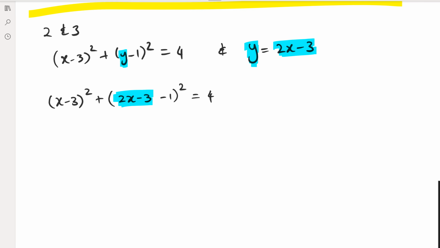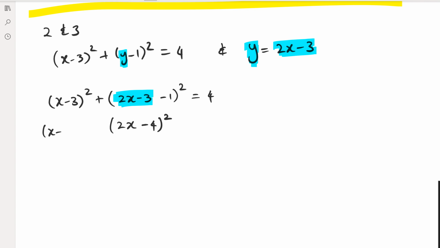Okay? So that's all. Then it's just expanding the quadratic, simplifying it, and solving it. Remember with this second bracket, you've got one extra step to do. You go 2x minus 3 and minus 1 will become minus 4. So that's 2x minus 4 squared.